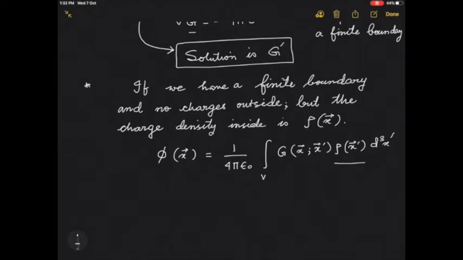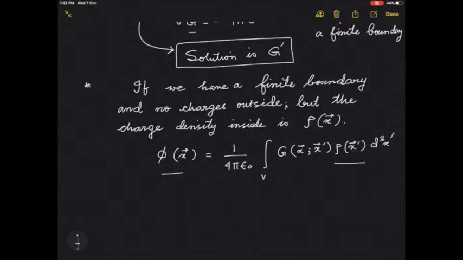So this rho can be broken in terms of a collection of point charges. For each charge, you will get a solution for phi, and you can just add them up. And that is allowed because the Poisson equation is a linear equation.